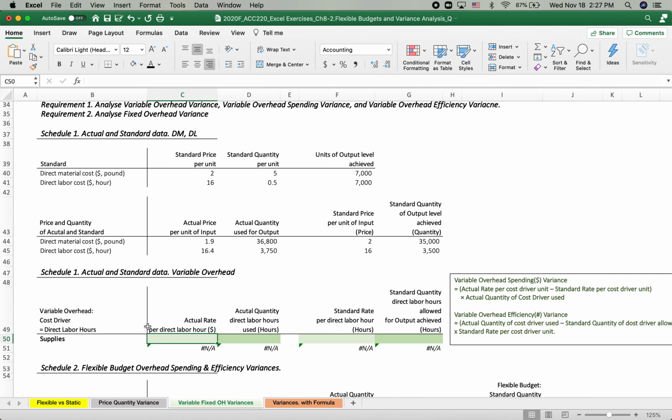The actual rate: what is the actual rate per direct labor hour related to this variable overhead cost? Now we are using 3,750 direct labor hours, and we want to know the actual rate per one direct labor hour.